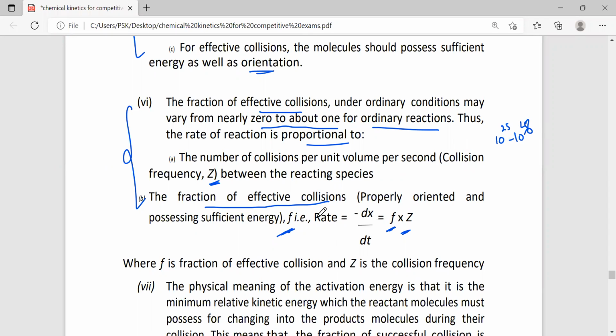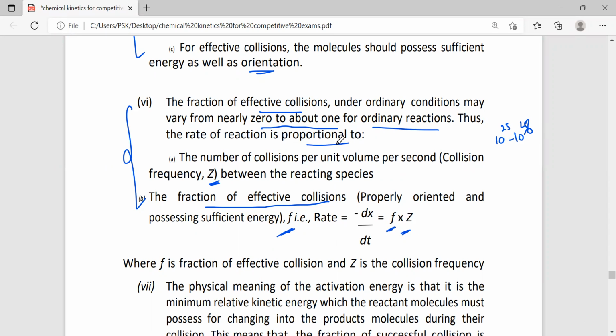That small fraction of molecules which undergo effective collisions is represented by the letter F. Therefore, the rate of a reaction is represented as -dx/dt equal to F into Z. F is the fraction of effective collision and Z is the collision frequency.